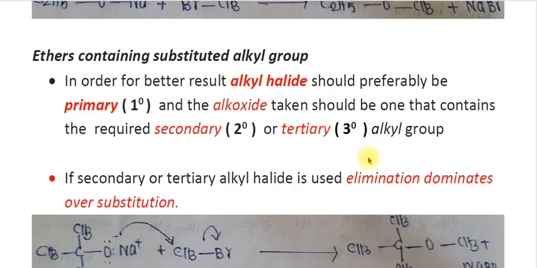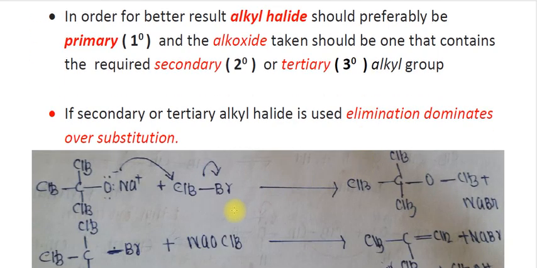We are taking an alkoxide and an alkyl halide. To prepare a substituted ether, we consider a primary alkyl halide, CH3Br, and the alkoxide should not be primary; instead it should be a secondary or tertiary alkyl group.